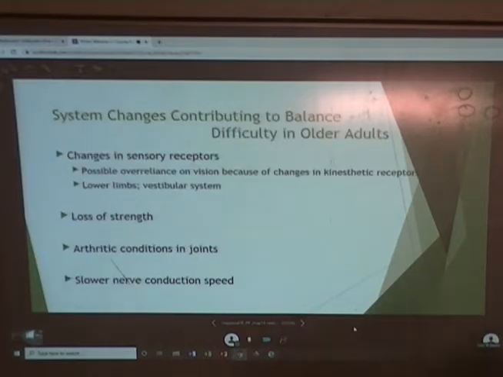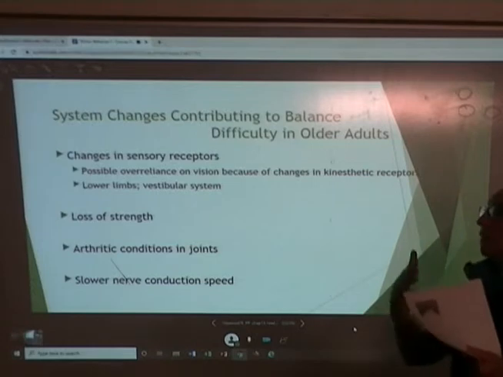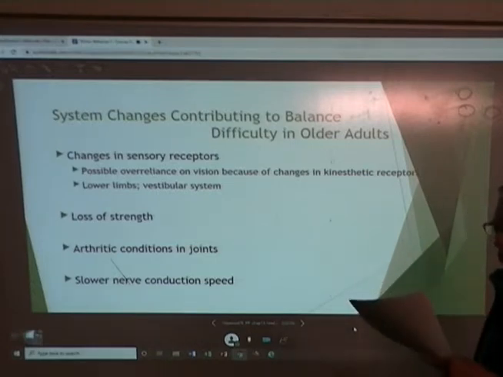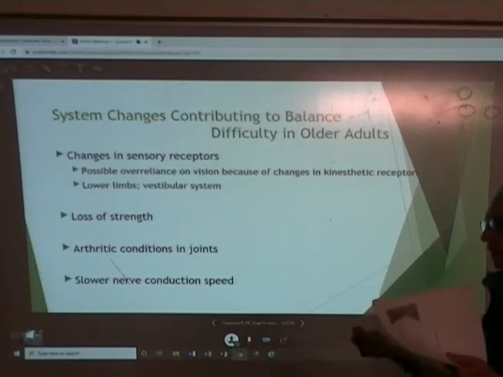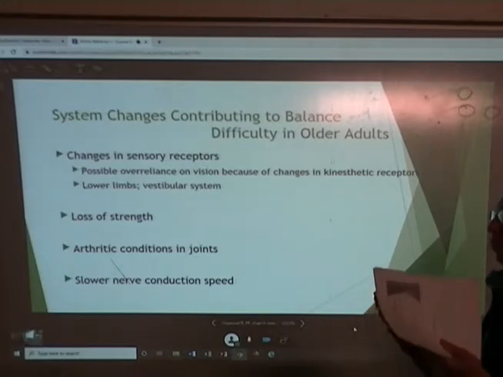So what's going on then that we see this difficulty in maintaining balance with older adults? So some of it we think is due to changes that are occurring in the sensory receptors and the ability to send sensory information. So in some adults, as they get older, we see changes in the kinesthetic receptors and how well they do their job.